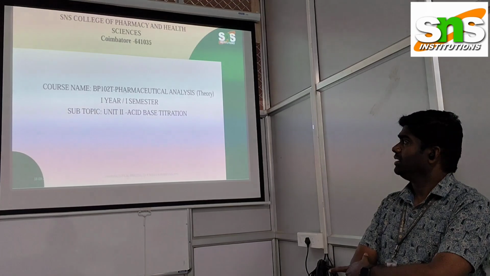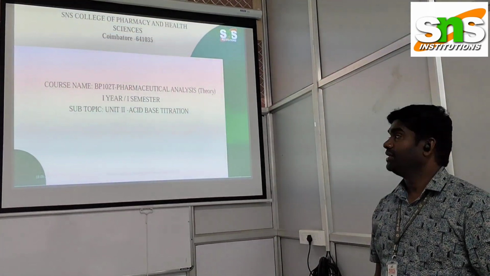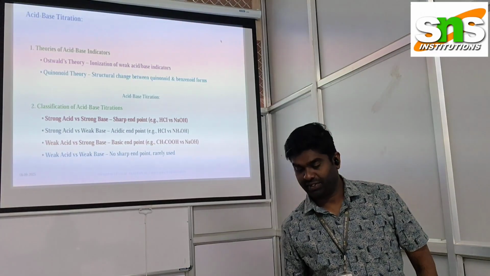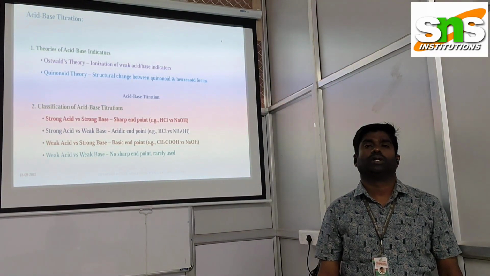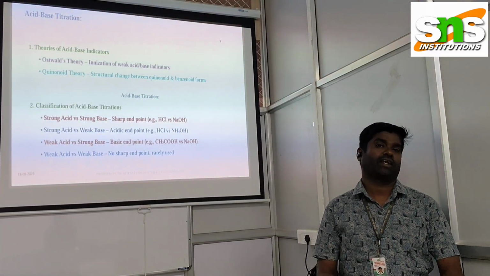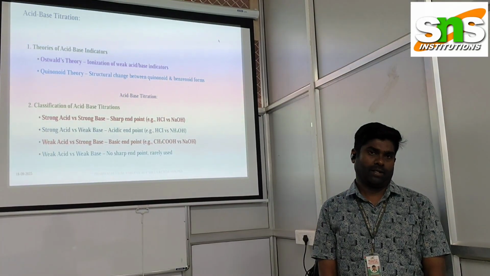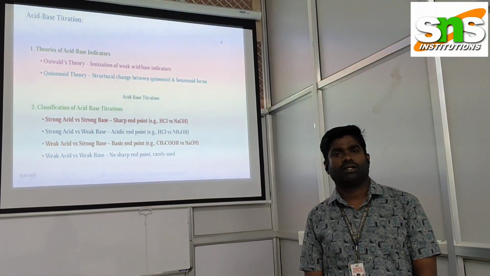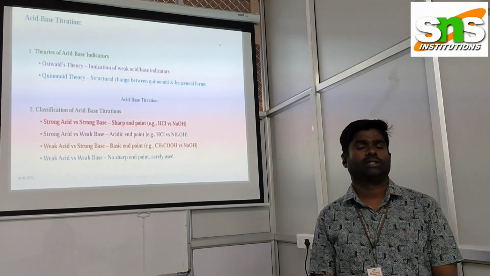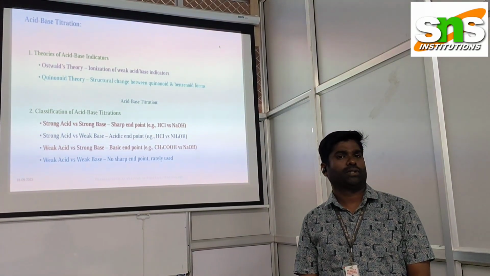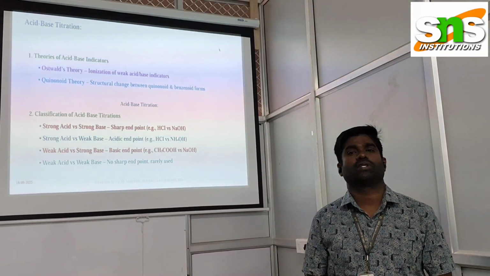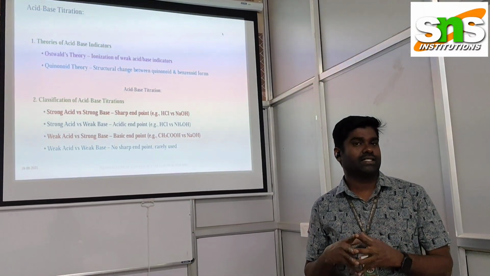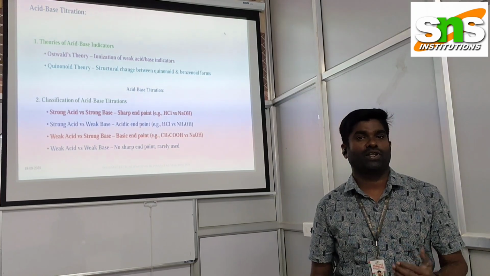So you can see, under the second unit we have acid-base titration. First of all, we have to learn what we mean by acid-base titration. In this acid-base titration, neutralization will happen. I hope the B.Pharm first year students know what titrant and indicator are, and how to perform a volumetric titration.